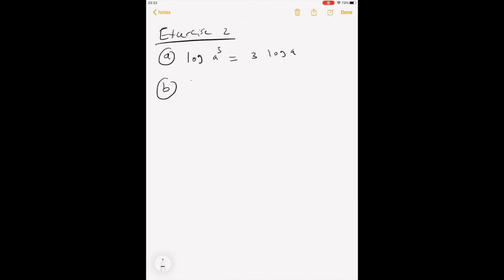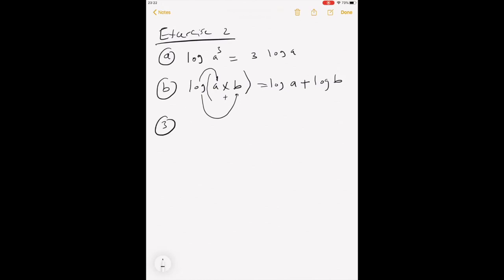For b, you have log a multiplied by b, and you can imagine there is a bracket here, so log comes on the first one, log on the second one, and this should change to a positive sign. So the answer for that one will be log a, and then you express the first one plus log b. That's the first thing you need to learn in terms of the rules of logs.